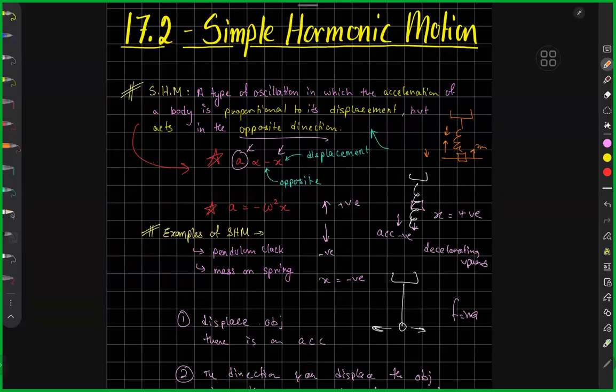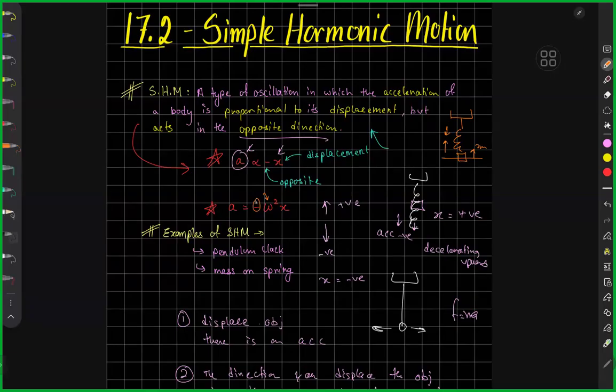Similar to over here. So if I push it 2 meters up and my proportionality is, let's say, twice, then the acceleration will be 4 meters per second square downwards. And what is that constant that we get when we remove the proportionality sign? That constant is nothing but omega square, negative, right?